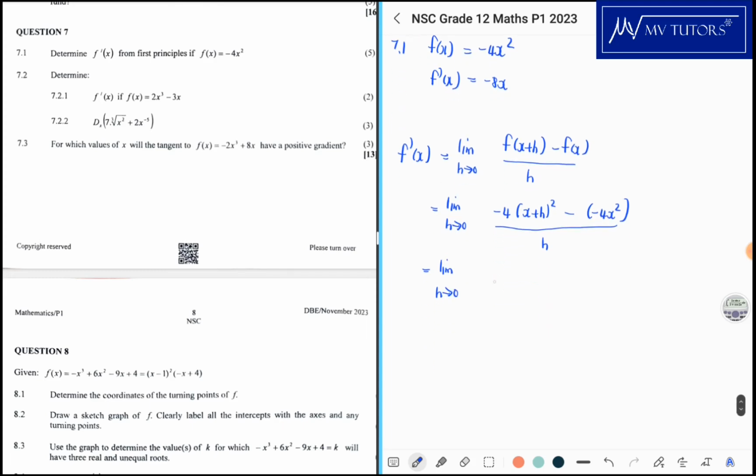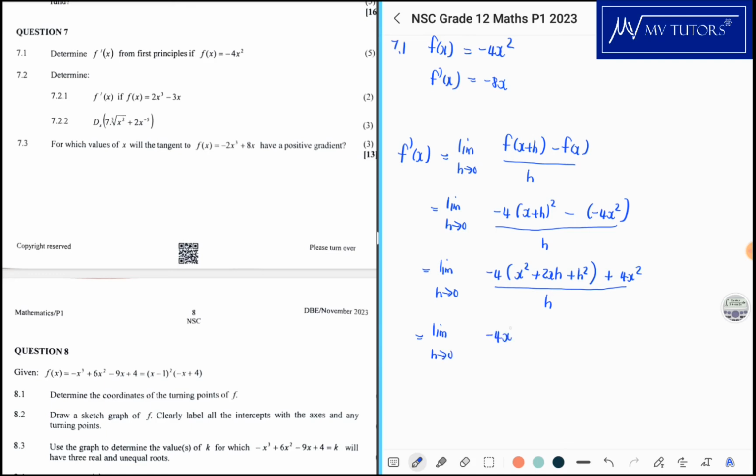Alright, so if we multiply it out, we'll have x squared plus 2xh plus h squared. And we have plus 4x squared, and we are dividing that by h. Okay, we keep carrying that limit. Okay, so let's multiply in the negative 4.